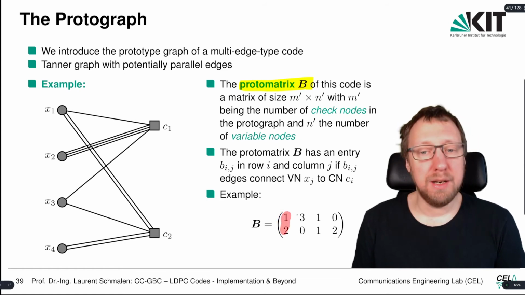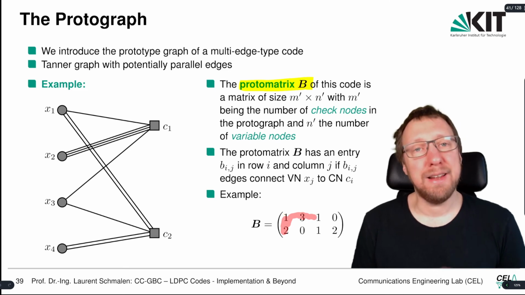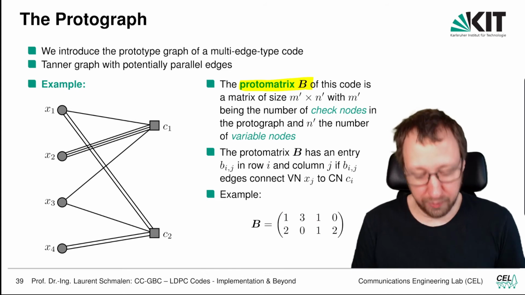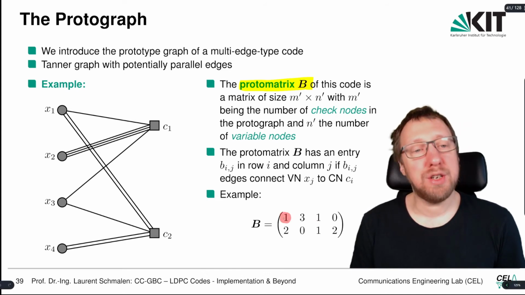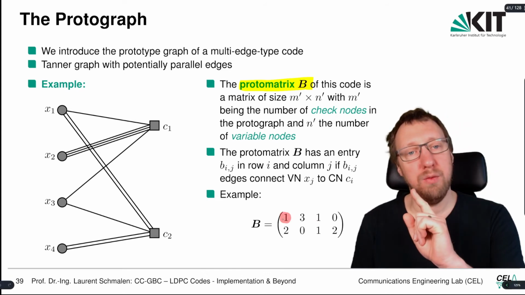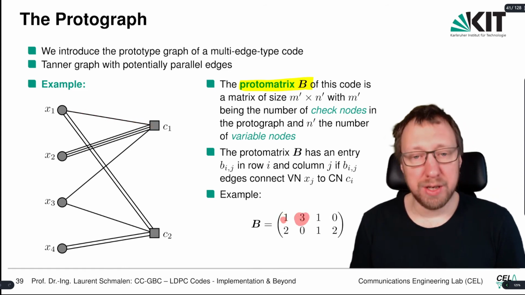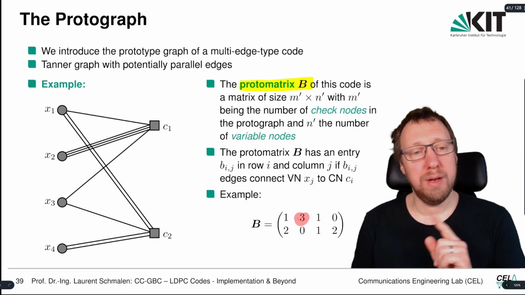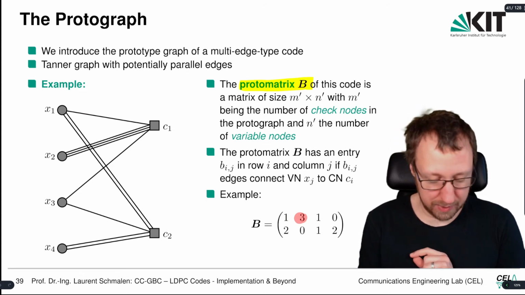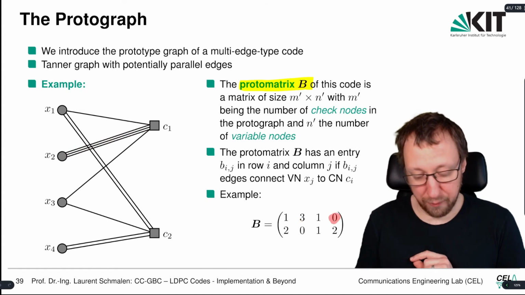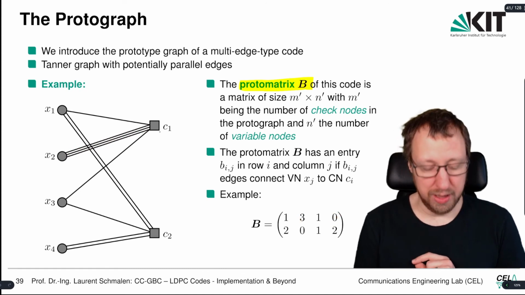And the numbers in the proto matrix indicate the number of edges connecting a variable node with a check node. For instance, we have a single edge connecting x1 with c1, so we're seeing a 1. We have 3 edges connecting x2 with c1. And so on. There are 0 edges connecting x4 with c1, so there's no edge here.